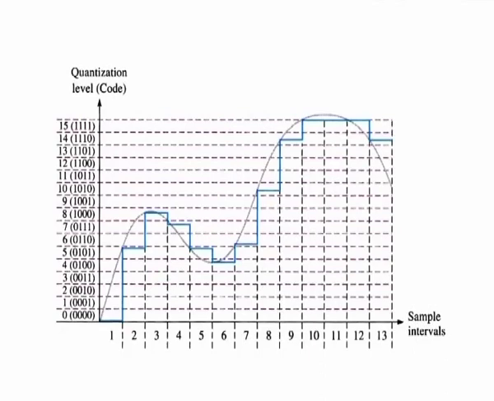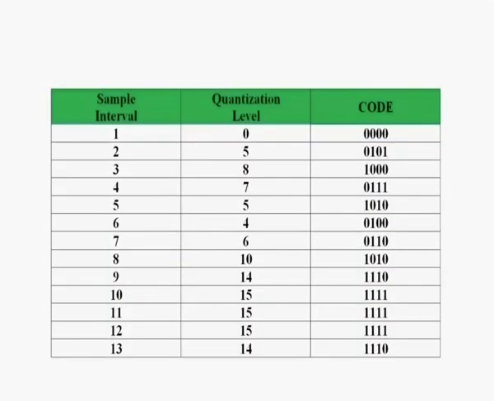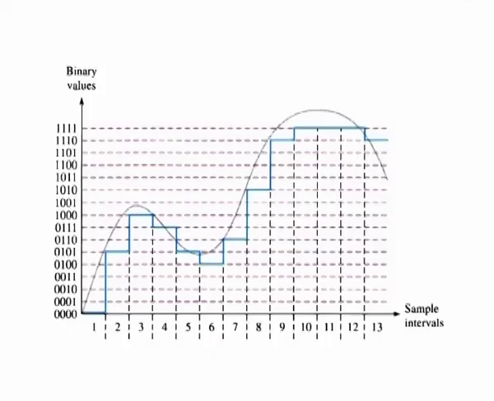The figure shows the same waveform with 16 quantization levels, that is 4 bits. The 4-bit quantization process is summarized in this table. If the resulting 4-bit digital codes are used to reconstruct the original waveform, you would get the waveform shown in this figure.